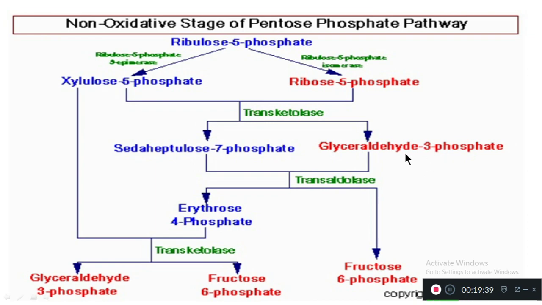That undergoes the transaldolase reaction, and we get erythrose 4-phosphate and also fructose 6-phosphate. Now xylulose 5-phosphate again combines with erythrose 4-phosphate in the second, seventh step, the transketolase reaction, to give glyceraldehyde 3-phosphate and fructose 6-phosphate.